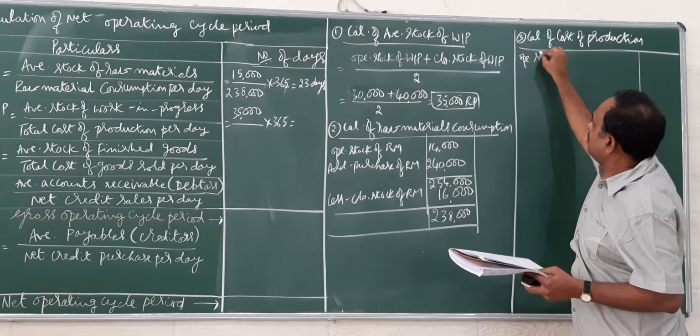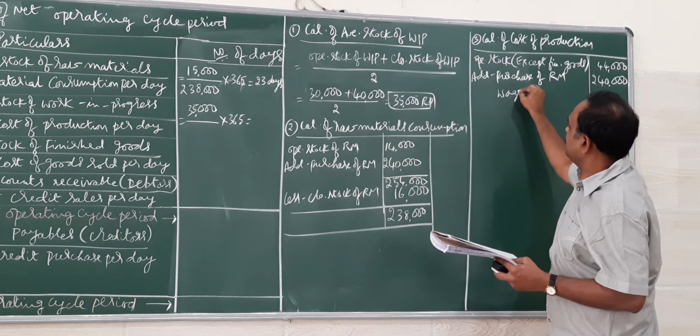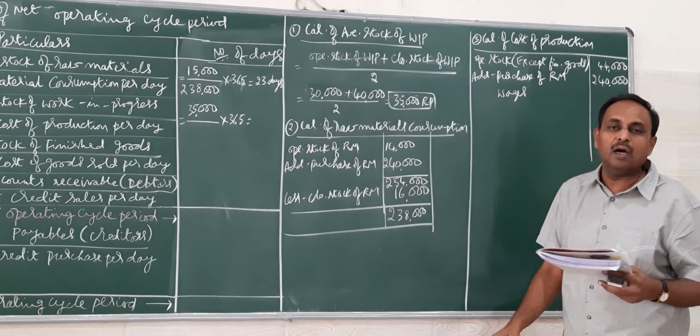So we have to take opening stock of raw material and opening stock of work in progress. If you add both, you get 14 plus 30, 44,000. Then we are going to add purchase of raw material, which we have taken earlier, 2,40,000. Then we are going to add the wages. Wages is also a part of cost of production.